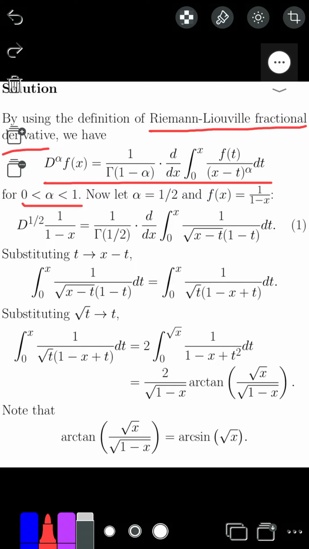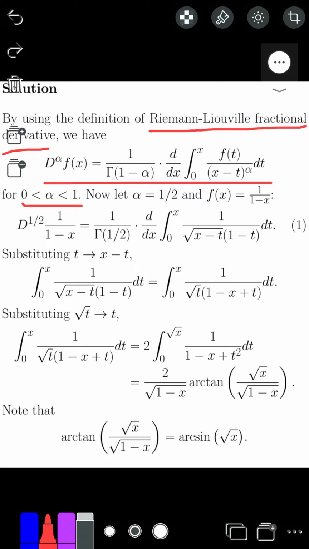There's also a broader definition for the Riemann-Liouville fractional derivative that includes alpha in all ranges. But in this case, we only need alpha between 0 and 1.